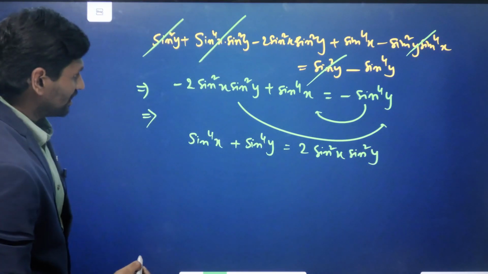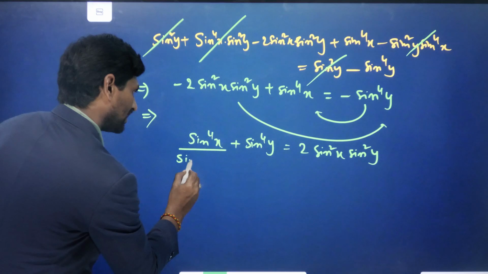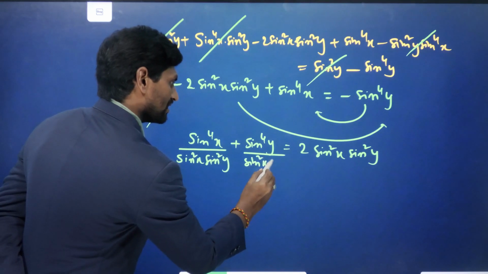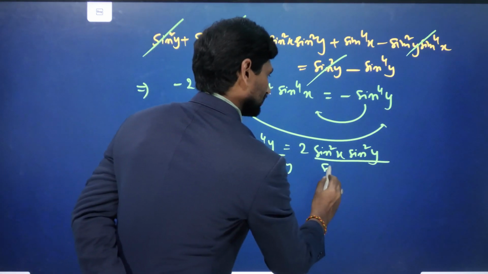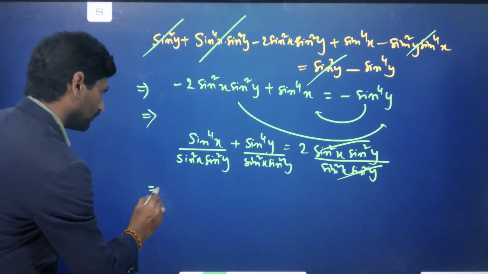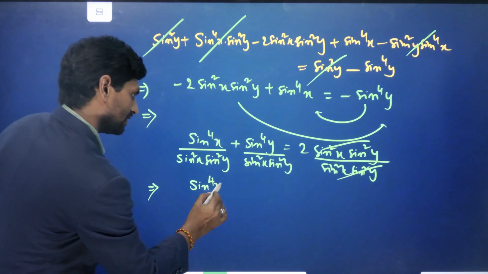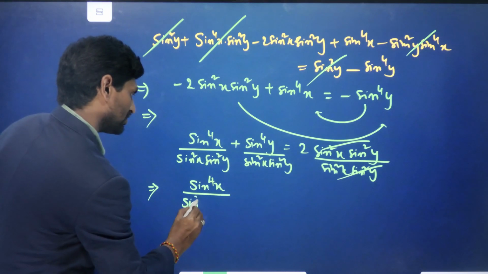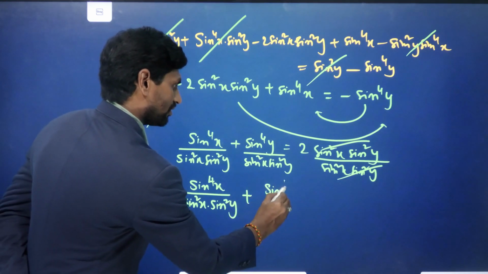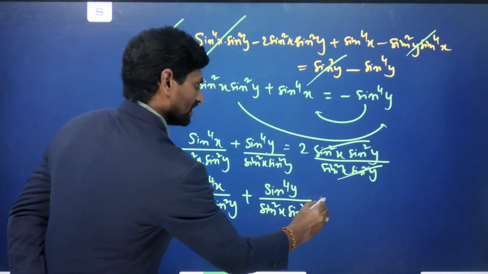So divide both sides by sin square x sin square y, and these cancel, and it will be sin power 4x by sin square x into sin square y, plus sin power 4y by sin square x into sin square y, that is equals to 2.